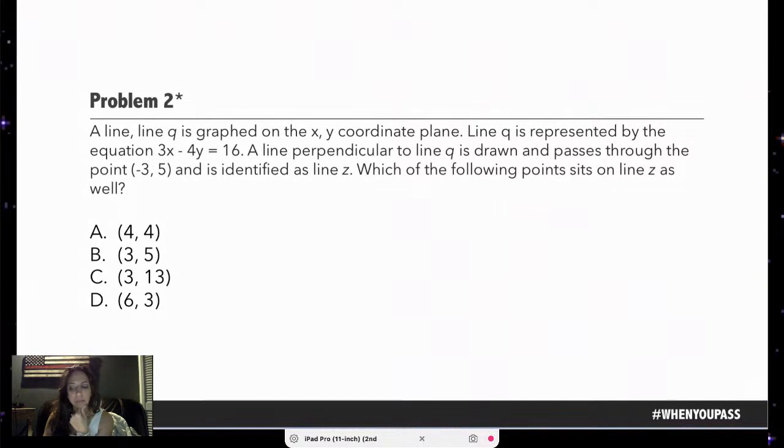A line perpendicular to line Q is drawn and passes through the point (-3, 5) and is identified as line Z. Which of the following points sits on line Z as well? This is an interesting one, and someone specifically asked for me to do a linear equation tonight.